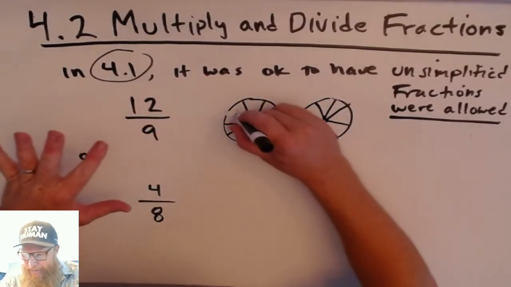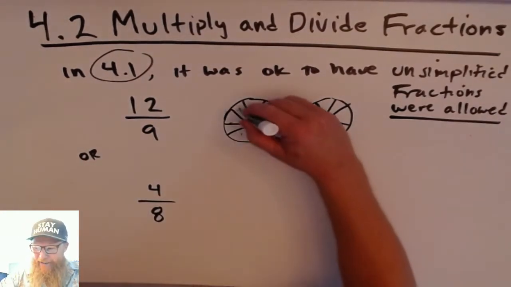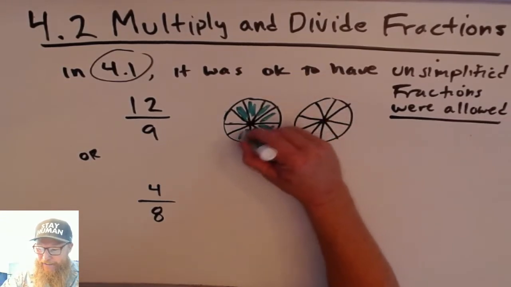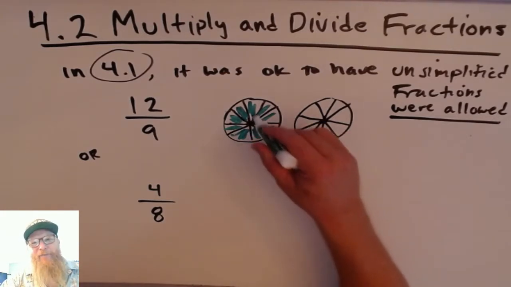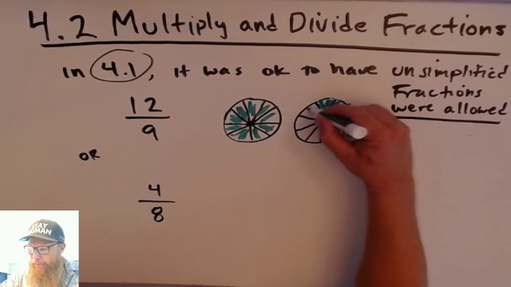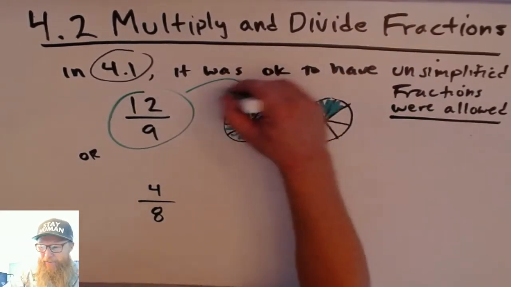But if you had something like this, and you had 1, 2, 3, 4, 5, 6, 7, 8, 9. Hey, I got it right. So there's 9 out of 9, and then 3 more. Shade in 3 more. And I asked you what this is representing.